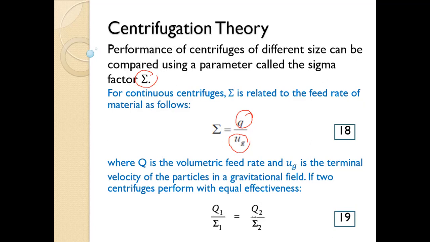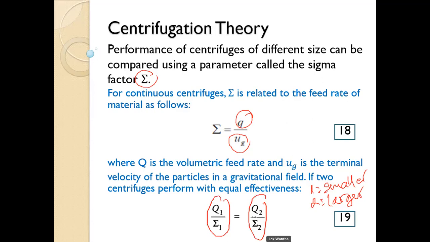If 1 is smaller and 2 is larger, you can compare the ratio of Q and sigma. Q is the volumetric flow rate of the feed, and sigma is Q over UG. Q1 over sigma 1 equals Q2 over sigma 2. We can use this relationship to scale up.